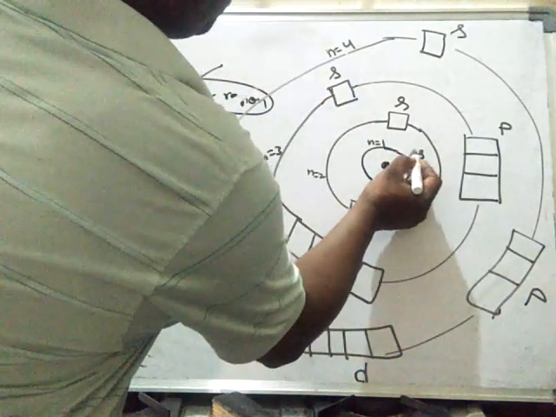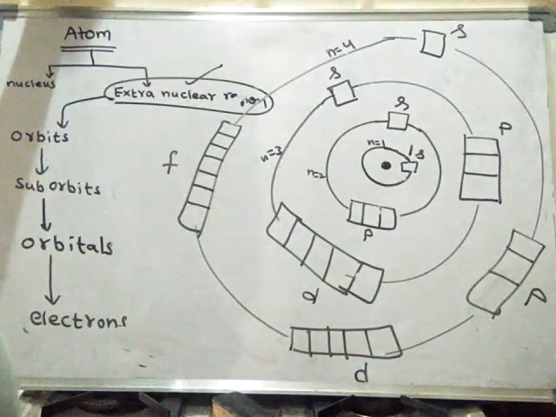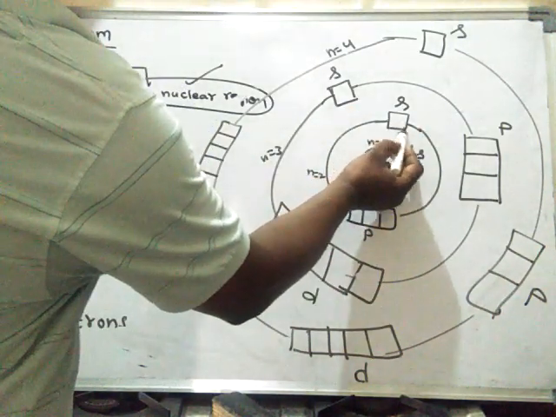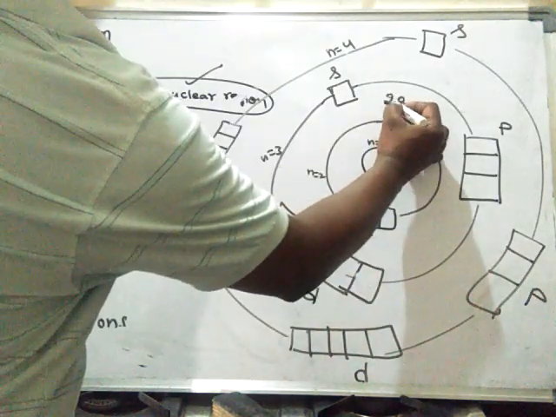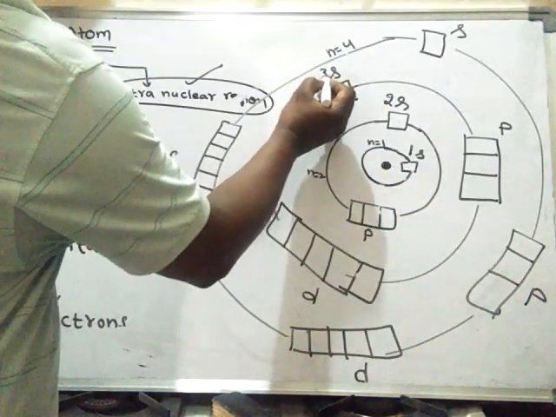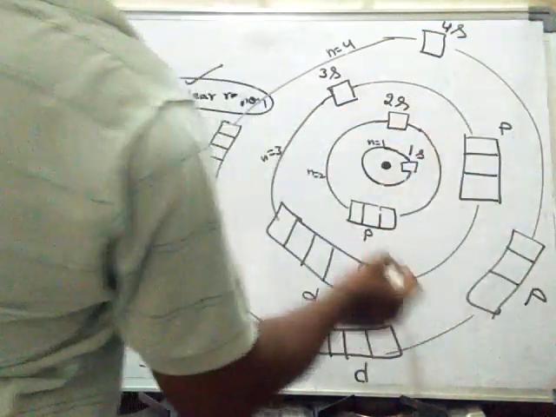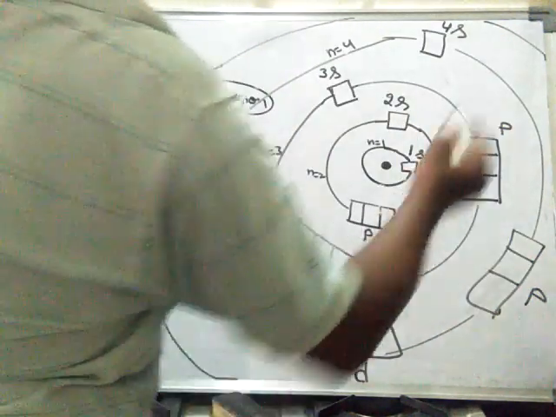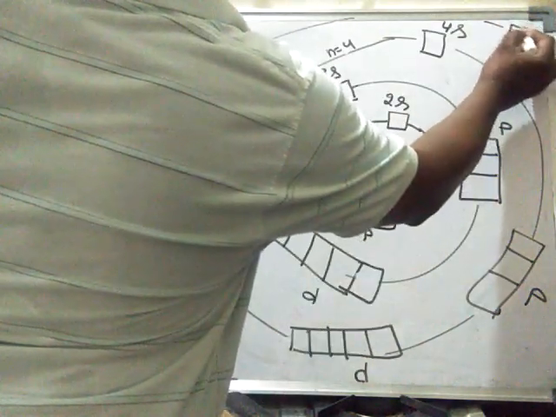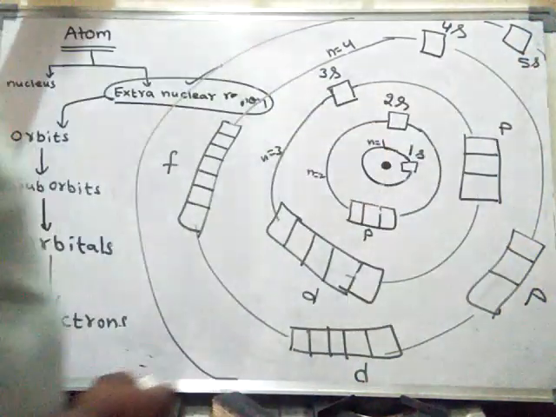This is the s suborbit belonging to the first orbit, hence we write 1s. This is the s suborbit belonging to the second orbit, hence we write 2s. So this is 3s and this is 4s. The next orbit contains 5s, and so on.